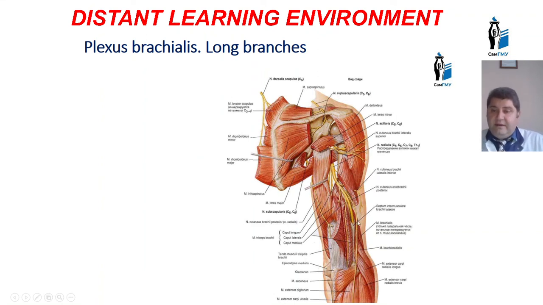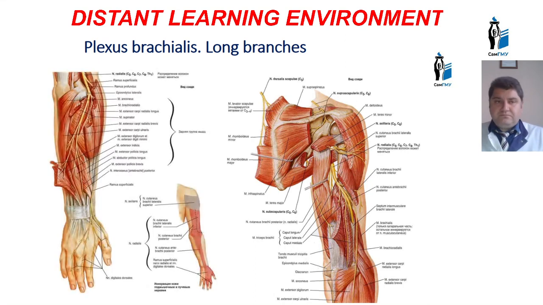This is the branch for the antebrachium skin for the posterior surface, and it's called nervus cutaneus antebrachii posterior. This nerve innervates the skin at the posterior side of the forearm. And now we can see the dorsal surface and dorsal muscles of this part.